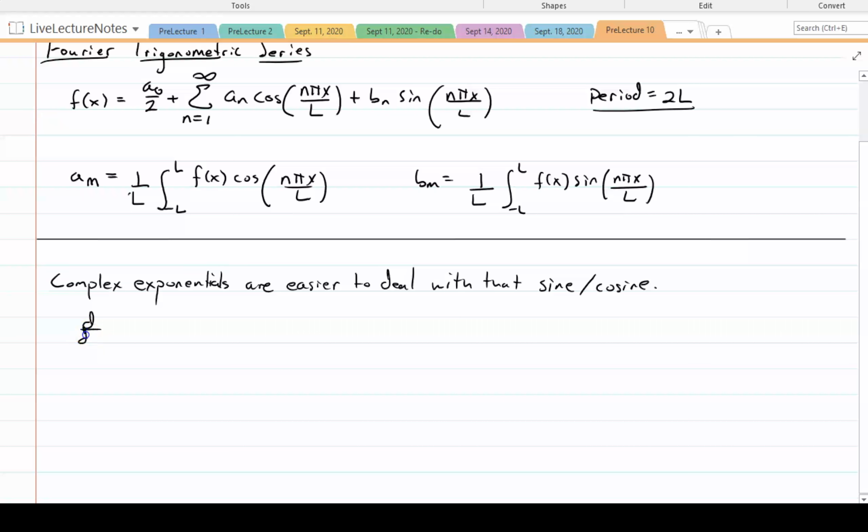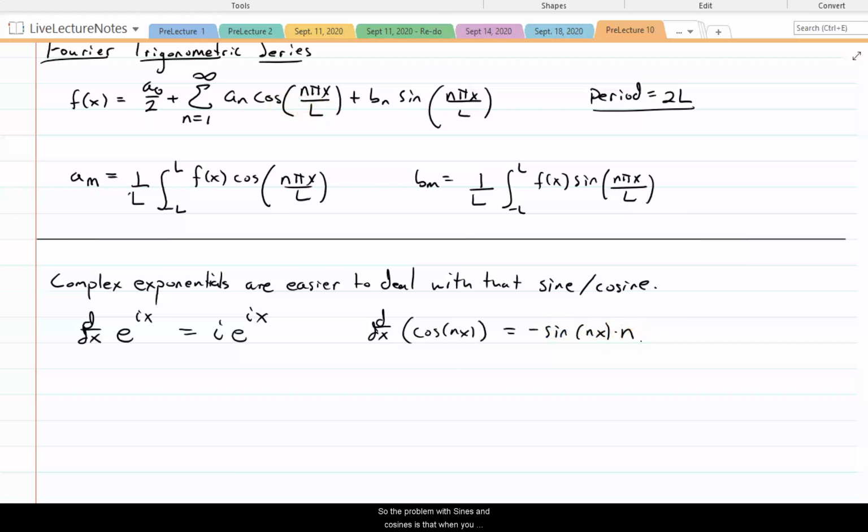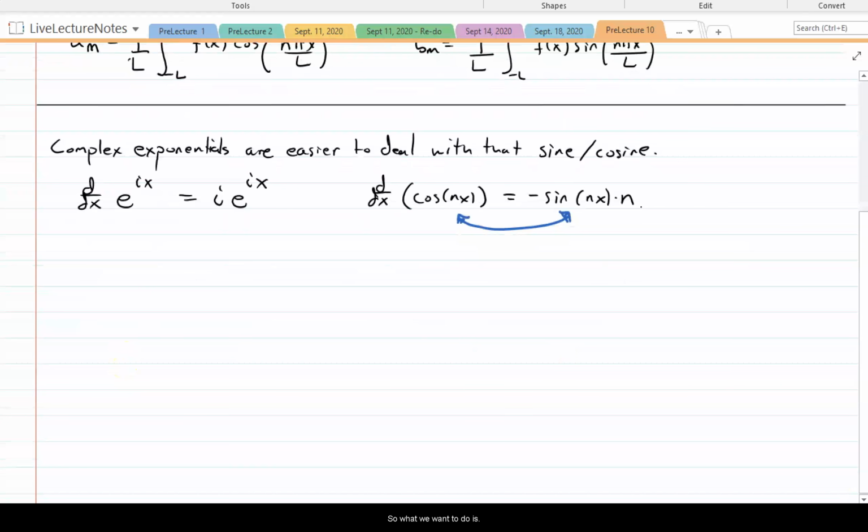If you take the derivative of e to the ix, you just end up with i times e to the ix. So I just multiply the function by a simple thing. But if I take the derivative with respect to x of cosine of nx, I get a different function, a sine: minus sine of nx times n. So the problem with sines and cosines is that when you take a derivative, it mixes the sines and the cosines up. But if you take a derivative of a complex exponential, you just get the same complex exponential back again.